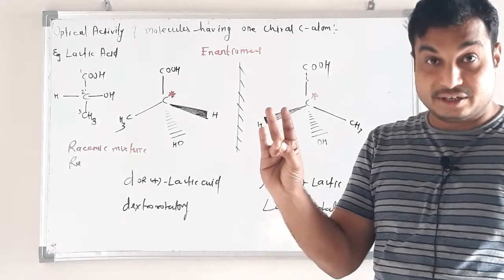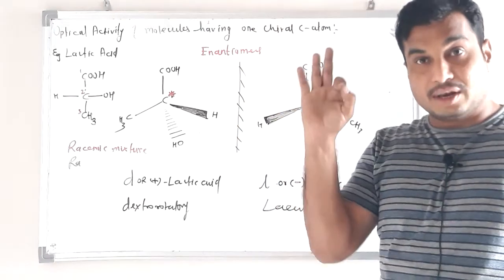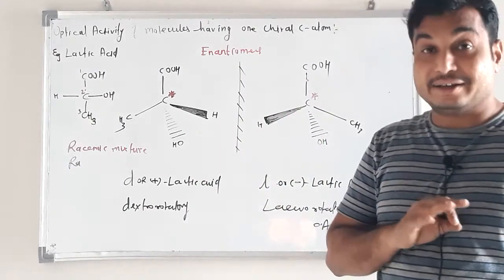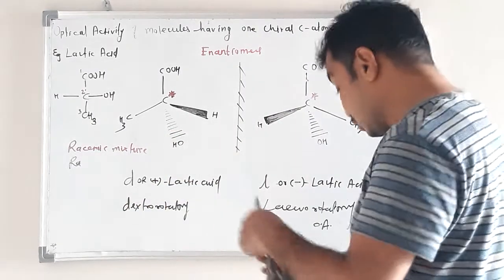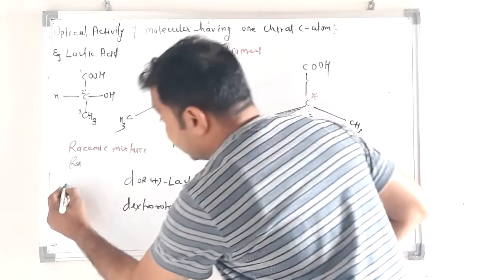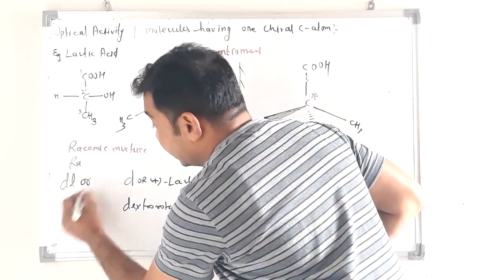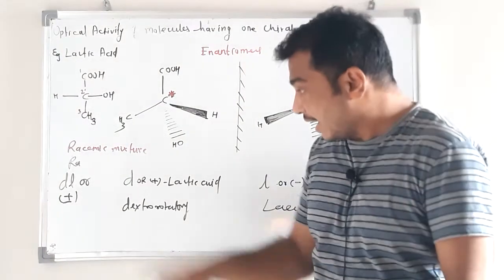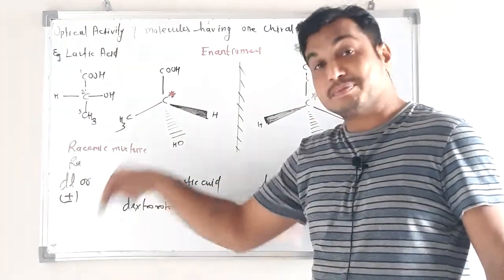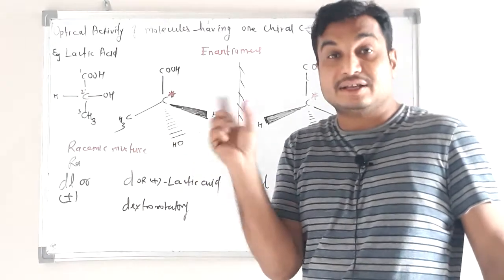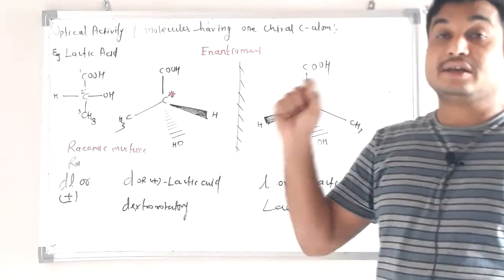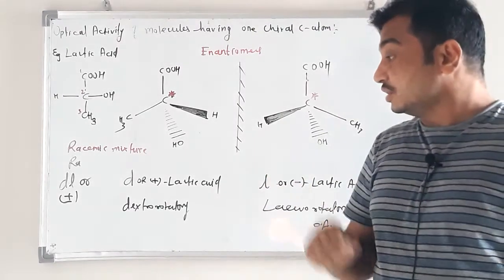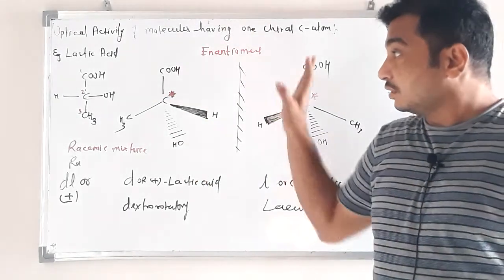Small d lactic acid means dextrorotatory, small l lactic acid means levorotatory, and the third type is the racemic mixture, which is represented by the DL sign or plus-minus sign before the name of lactic acid. That indicates it is optically inactive lactic acid due to external compensation. So, 3 lactic acids.